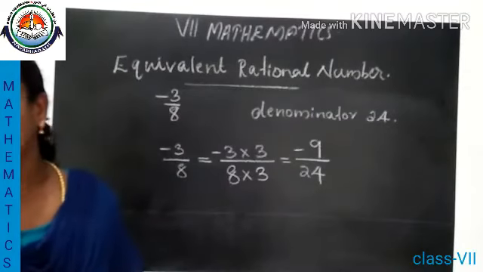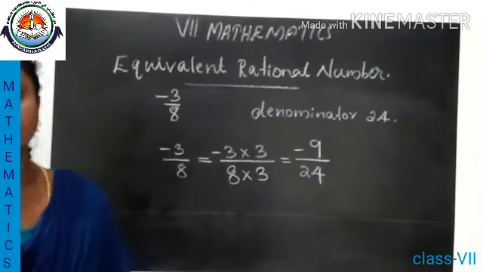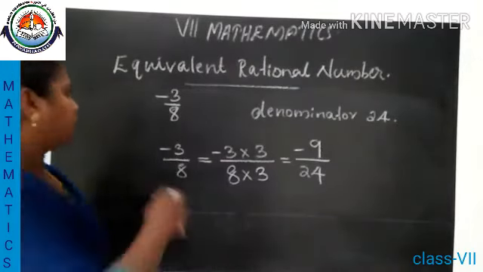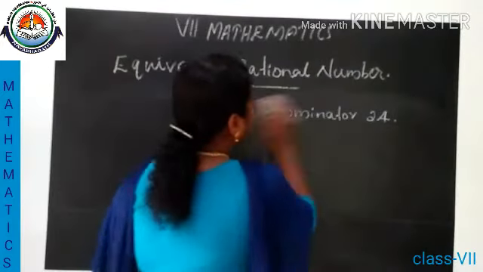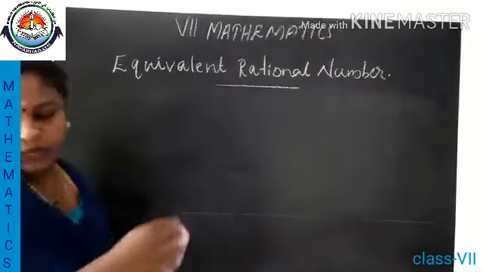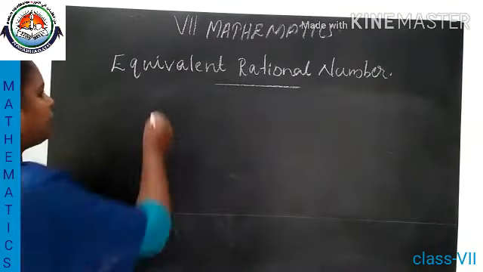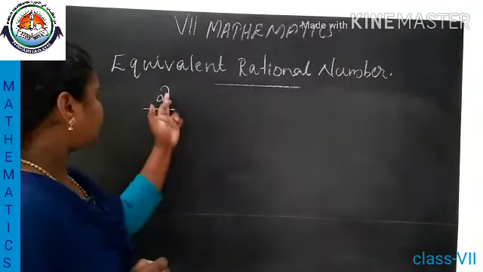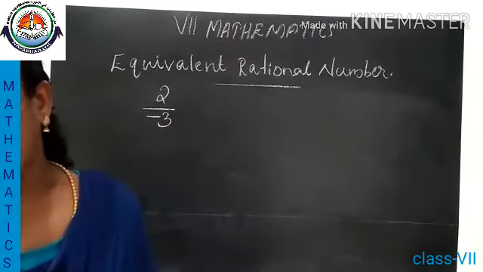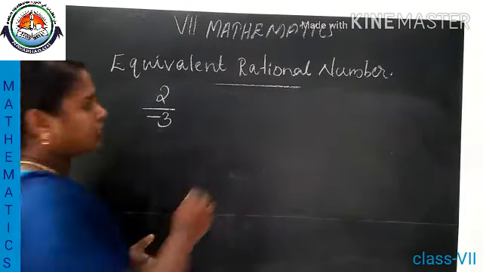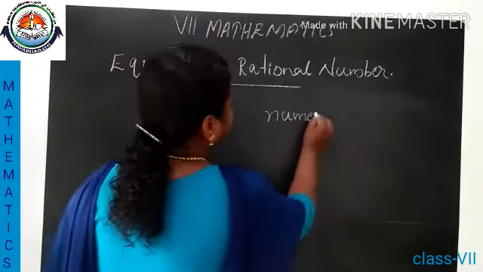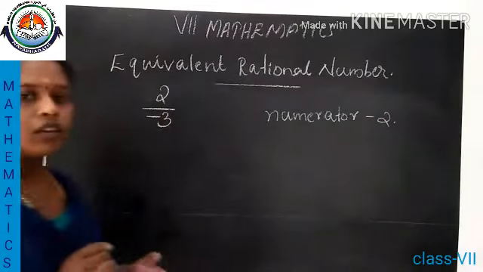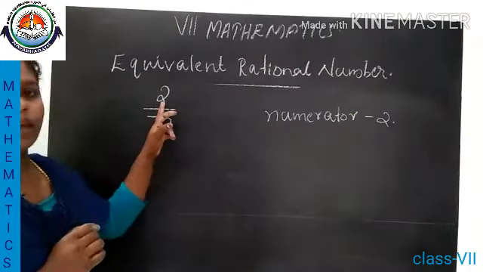Express 2 by negative 3 as a rational number with numerator negative 2. Listen, here the numerator is positive 2.